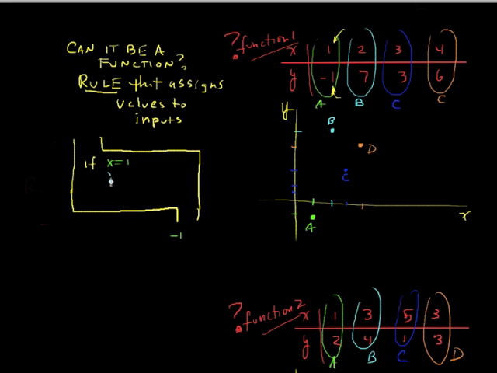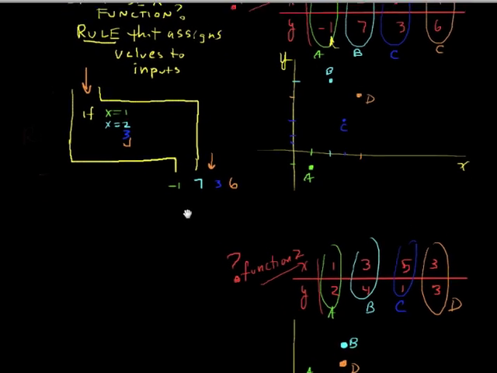If x is equal to 2, then 7 comes out, etc. If x is 3, then 3 comes out, and if x is 4, then 6 comes out. So this is a function right here because there's no confusion. Just by this function box, based on what goes in, we could say exactly what comes out. What's more interesting is what's not a function. So let's go to that next example.